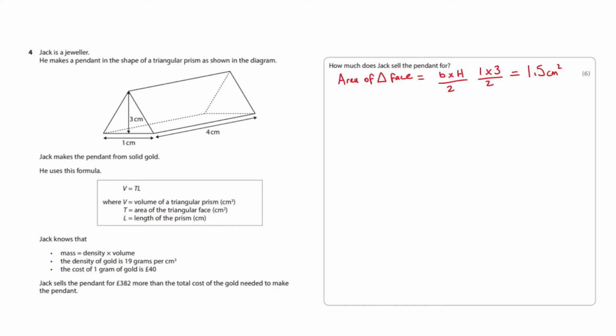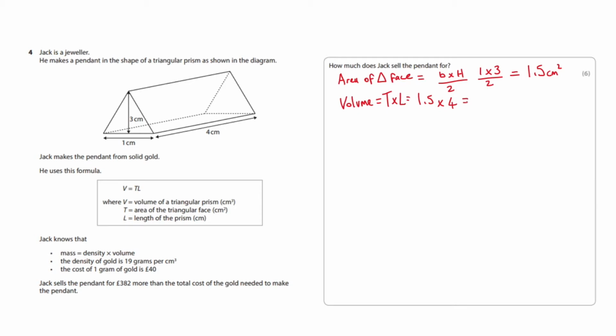So now we're going to find out the volume of the prism. We take the face area and multiply it by the length, which is 4 centimetres. So the volume equals the triangular face, T, times the length, which equals 1.5 multiplied by 4.